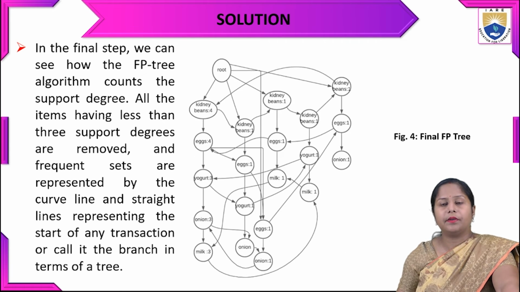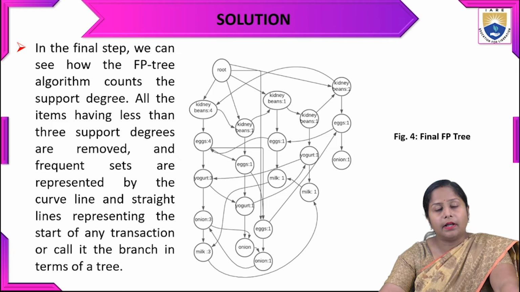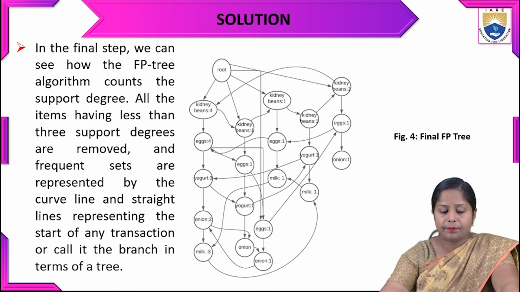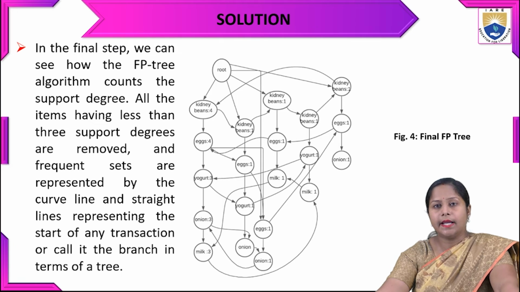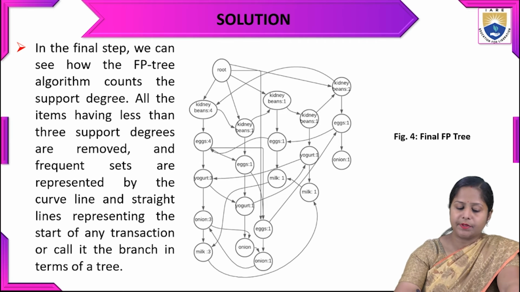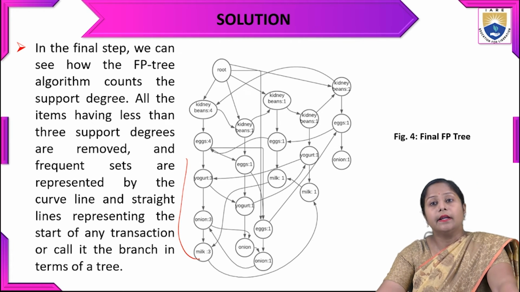Now the solution will be there for all the steps. In the final step, we can see how the FP tree algorithm is going to count the support degree. So here all the items having less than 3 support degree will be removed, and the frequent item set will be represented by the curved line.